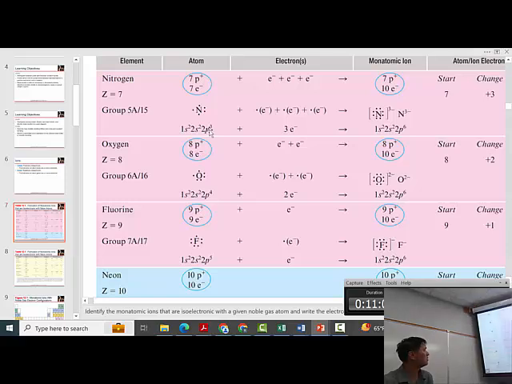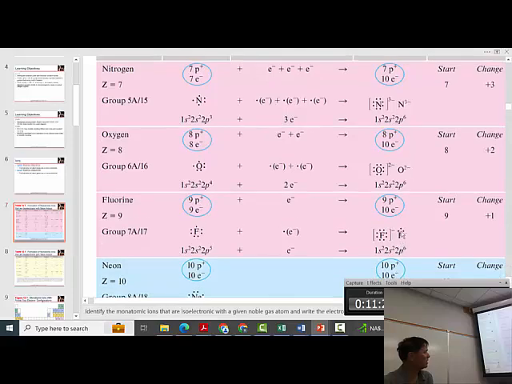Fluorine's the smallest of these 3, and so being the smallest it would be the strongest oxidizer out of this group. Fluorine would be stronger than oxygen, and oxygen would be stronger than nitrogen. Fluorine only needs 1 electron to get the octet here.